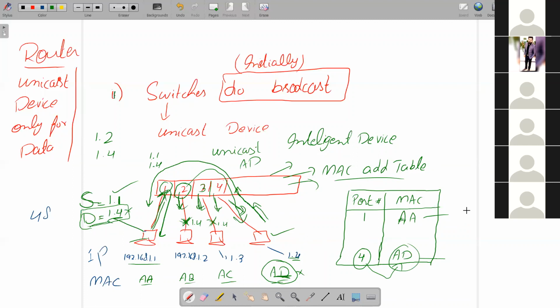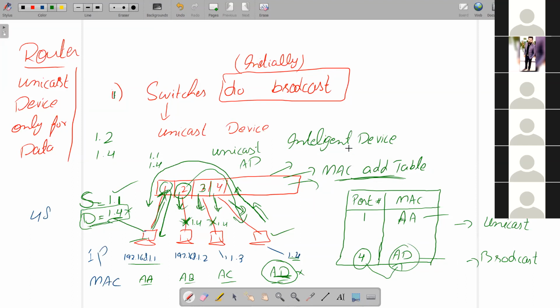So if the destination entry exists in the MAC address table, the switch does unicast. But if the destination entry does not exist in the MAC address table, the switch simply does a broadcast to find out where he is sitting right now.